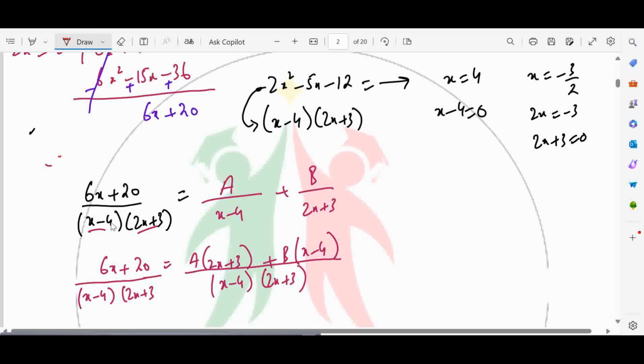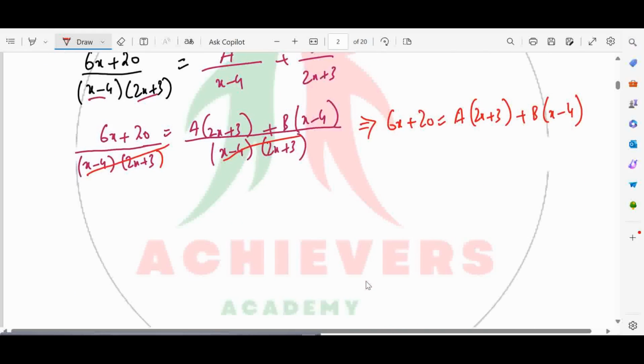Now we can cancel out the denominators. So finally we will have 6x plus 20 is equal to a into (2x plus 3) plus b into (x minus 4). Now we need to find out the value of a and b.